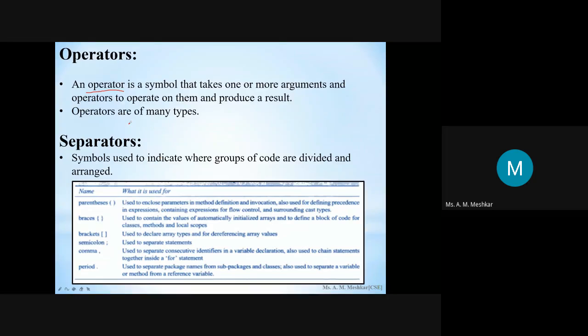We are going to learn many more operators: arithmetic, boolean, logical, comparison, increment, decrement in the next chapter. Separators are used to indicate the group of code, like parentheses, curly brackets, square brackets, semicolon, comma, period. Their respective use is given here.